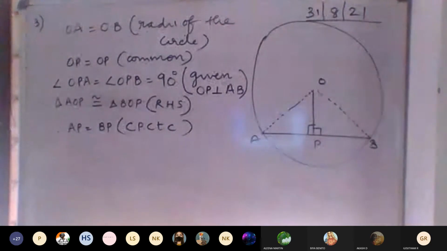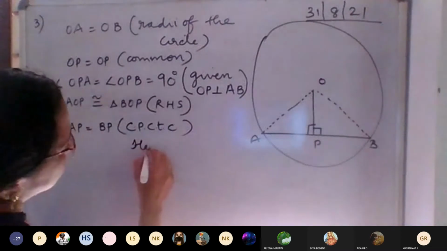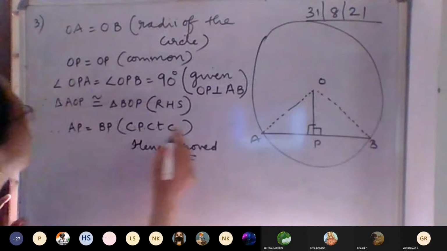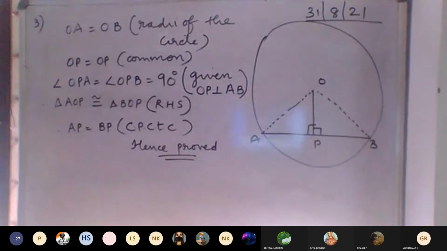That is what we need to prove. Hence proved. Usually we write it this way. In the first question also you have to write it. In the second question, you have to write hence proved, that means we have proved.